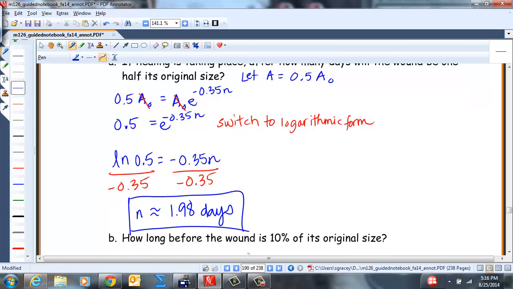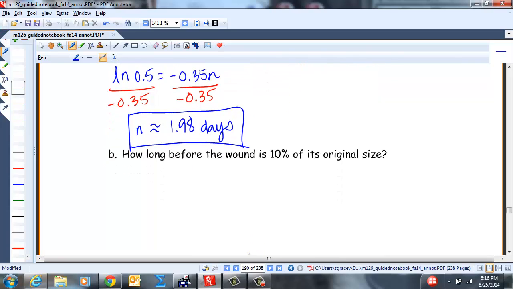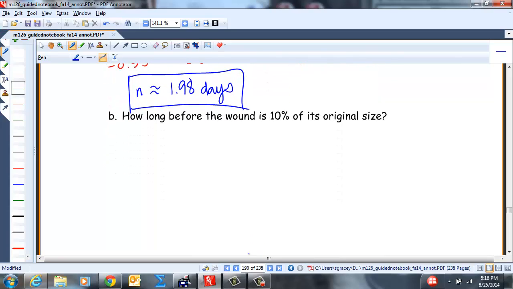And then what about how long would we have to wait before the wound is 10% of its original size? So what would we let A equal? Good. We'd let A equal 10%, which is 0.1 of A0.